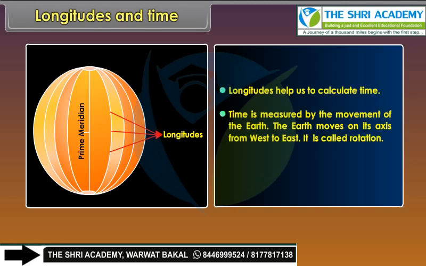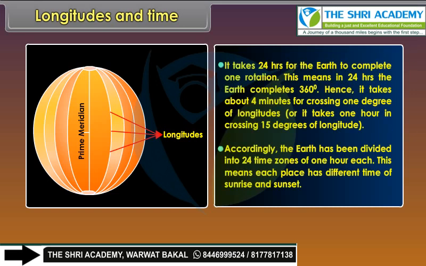Time is measured by the movement of the Earth. The Earth moves on its axis from west to east. It is called rotation. It takes 24 hours for the Earth to complete one rotation. This means in 24 hours the Earth completes 360 degrees.